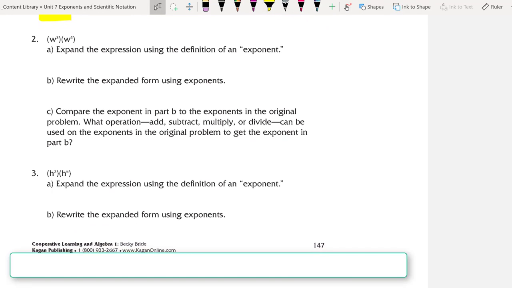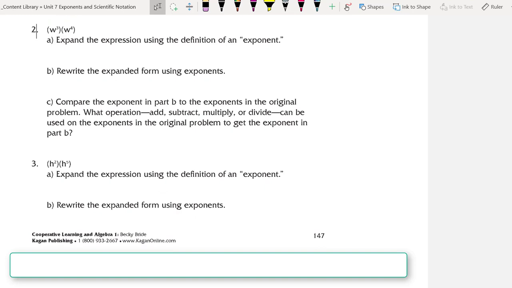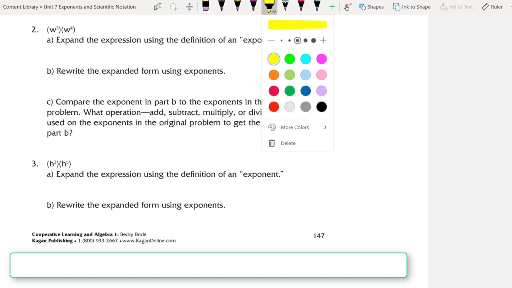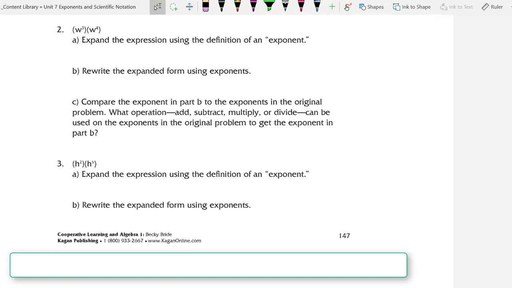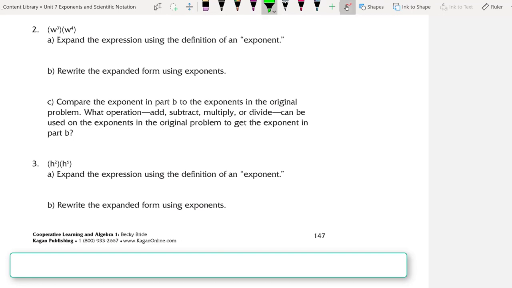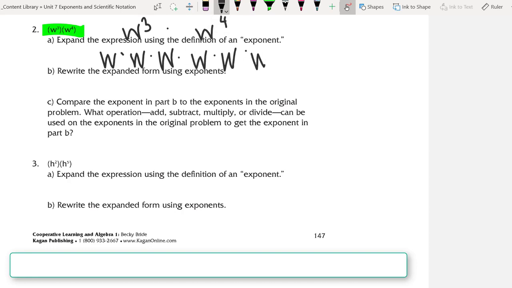Expand the expression using the definition of exponent. So looking at this one right here, we've got w to the fourth times w to the third. And if I expand that, w to the third would be w times w times w. There's w to the third. Times w to the fourth would be written as w times w times w times w.